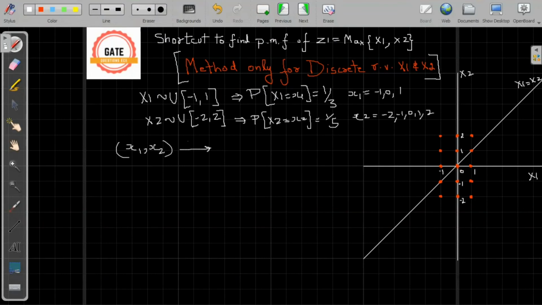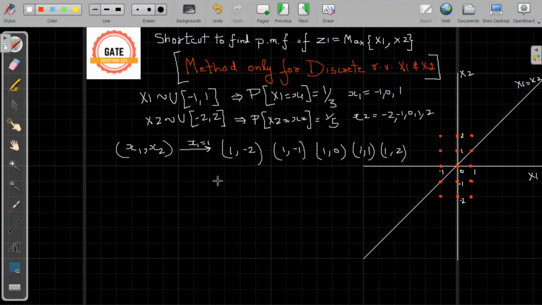When x1 is 1, there are 5 possible points. One is x1 is 1 and x2 is minus 2. Another possible point is 1 and minus 1. Another possible point is 1 comma 0, 1 comma 1 and 1 comma 2.